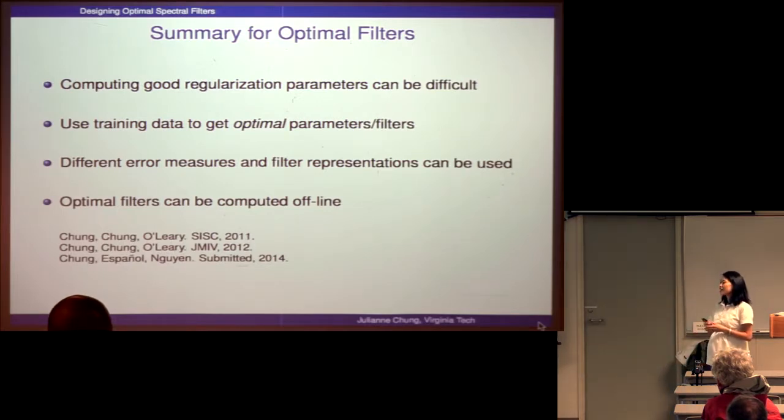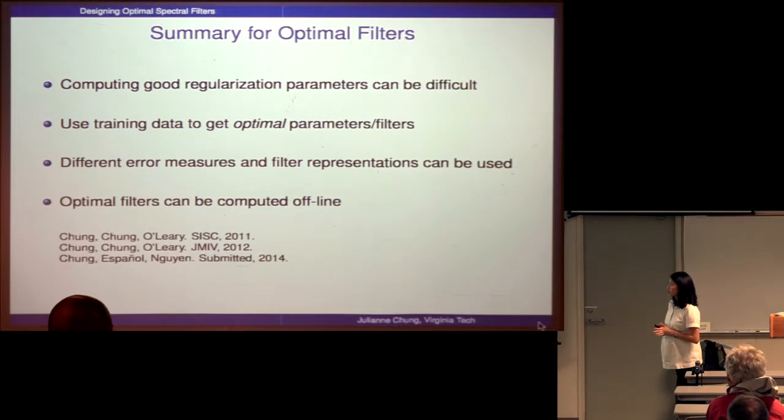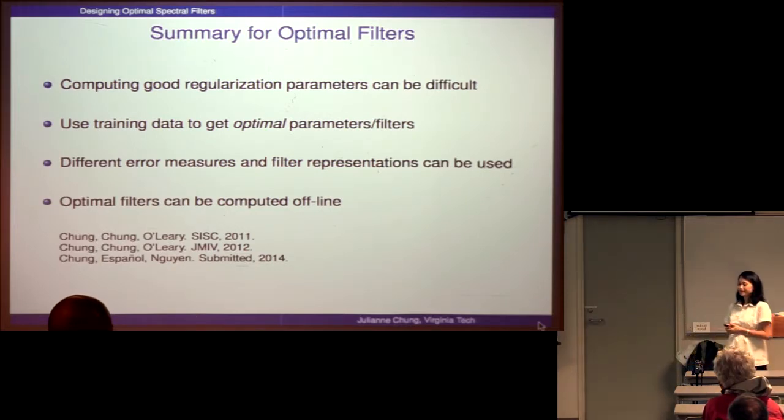So it's not clear if it would do well with other noise types. I mean, we did play around with Poisson and exponential noise, but we really didn't see a significant deviation from these kinds of results.